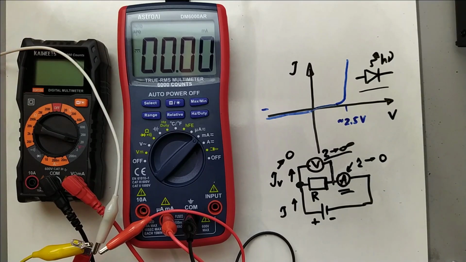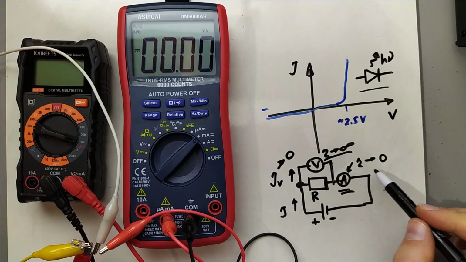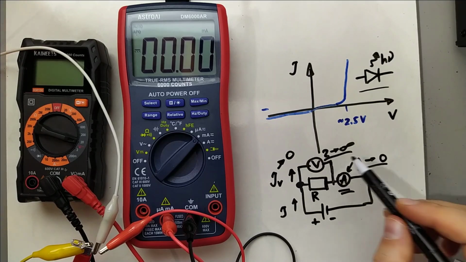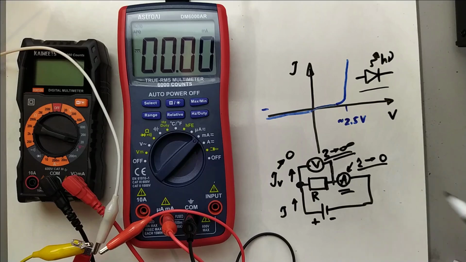That's why internal resistance of ampere meter should be approaching 0. Internal resistance of voltmeter should be approaching infinity. So this is a very simple and intuitive statement, but it would be good to keep that in mind and understand the key difference between ampere meter and voltmeter.